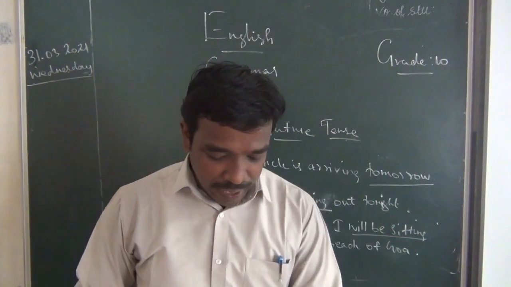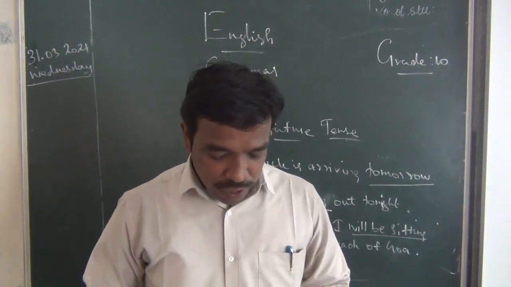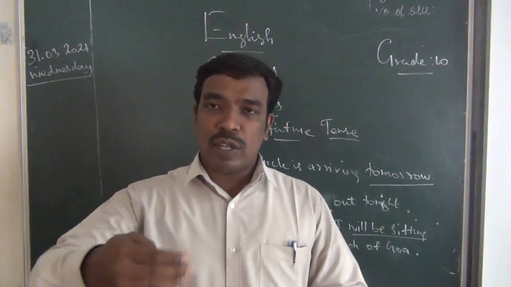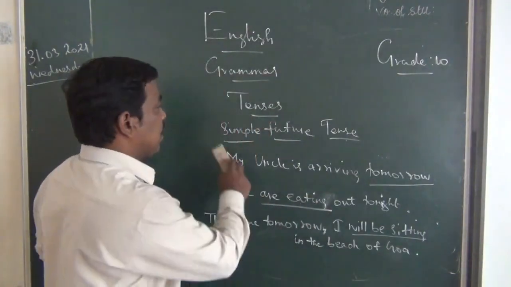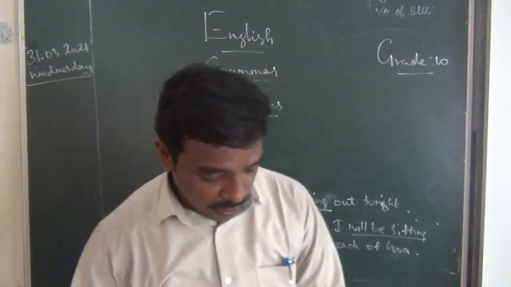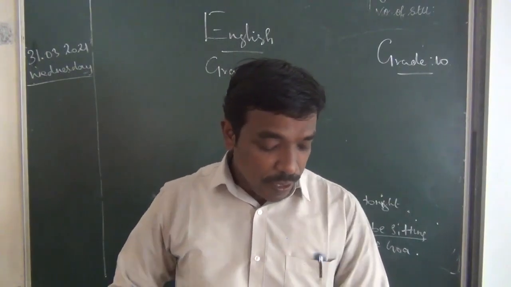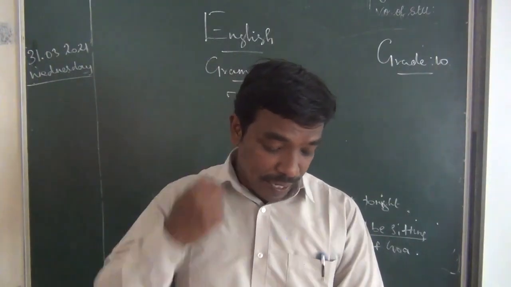And then we have future perfect tense, for actions that are complete by a certain future time. Some actions we will complete in the future time. See the textbook: future perfect expresses an action that is expected to be completed by a certain time in the future.